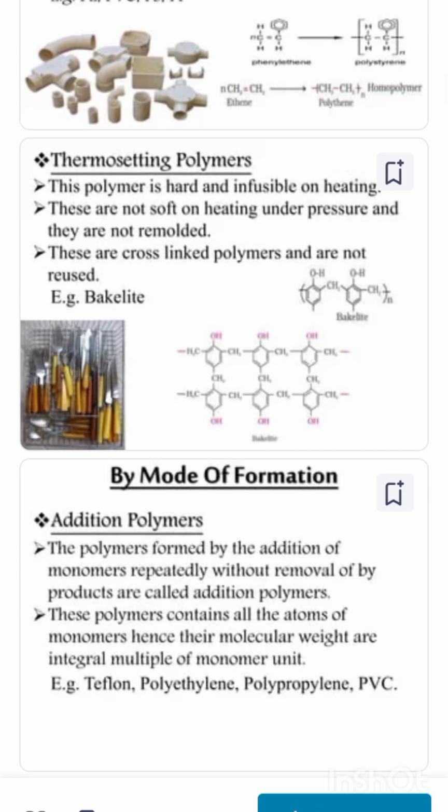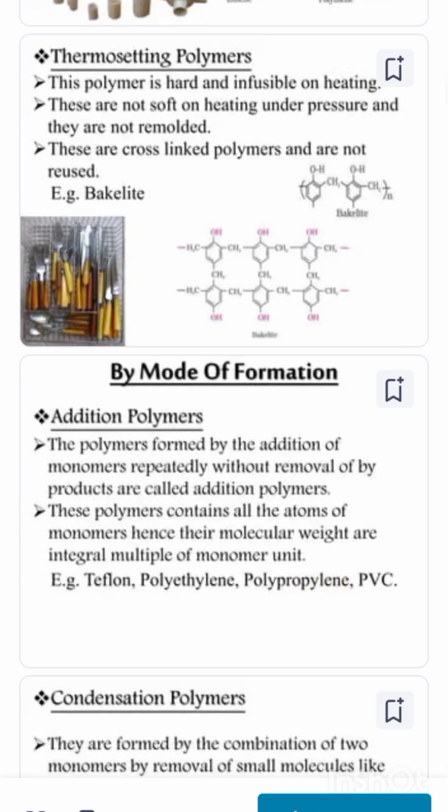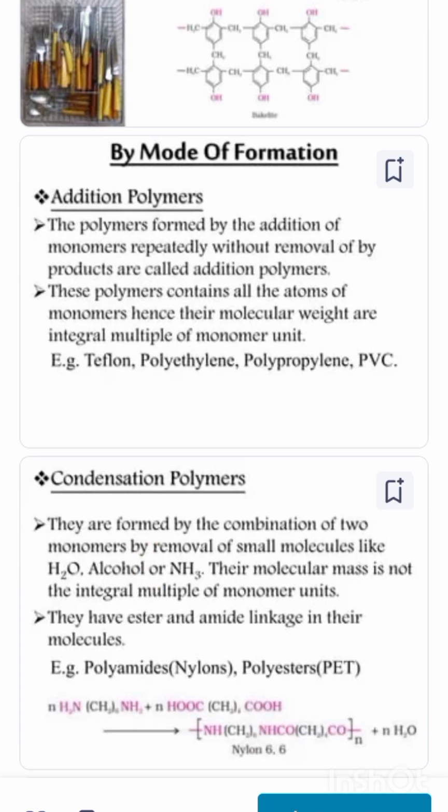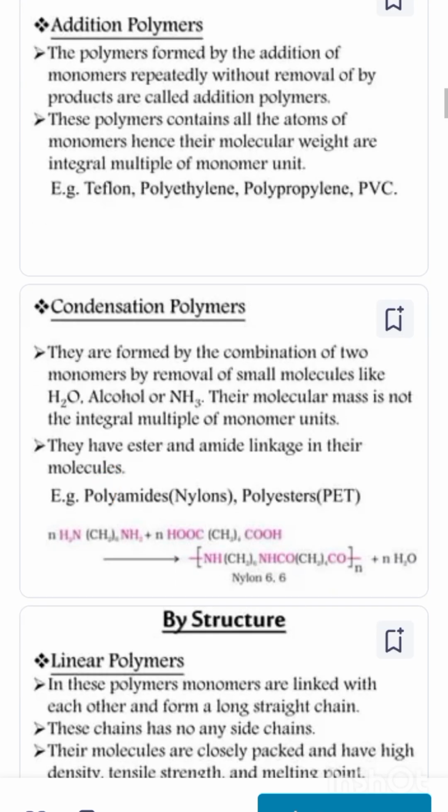Example, bakelite. By mode of formation, addition polymers. The polymers formed by the repeated addition of monomers without removal of byproducts are called addition polymers. These polymers contain all the atoms of the monomers, hence their molecular weight is an integral multiple of the monomer unit. Example, polyethylene, polypropylene, PVC.